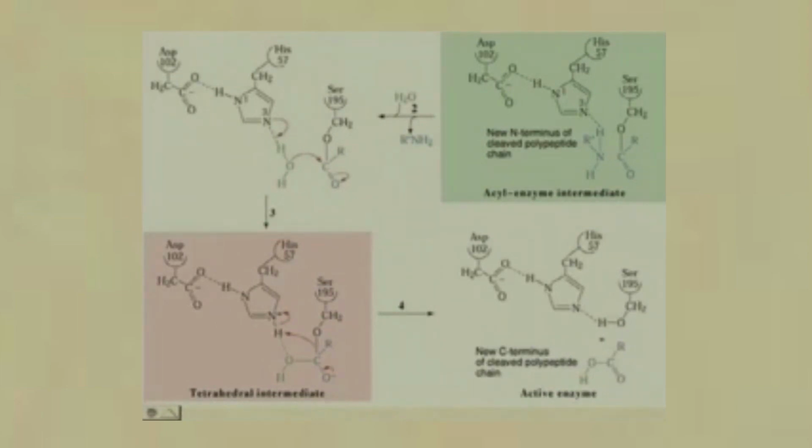It is taking up H from serine, giving it to the leaving part that had the amino group to it. It is donating the H from the serine to that. Then in the next step, what does it do? It takes H from water and gives it to serine. So, we have now our catalytic triad back in place to form the active enzyme.